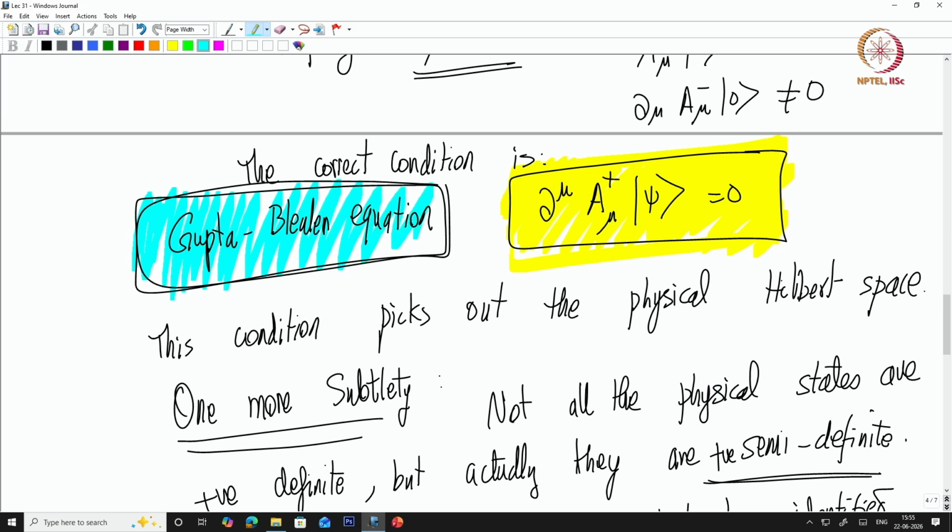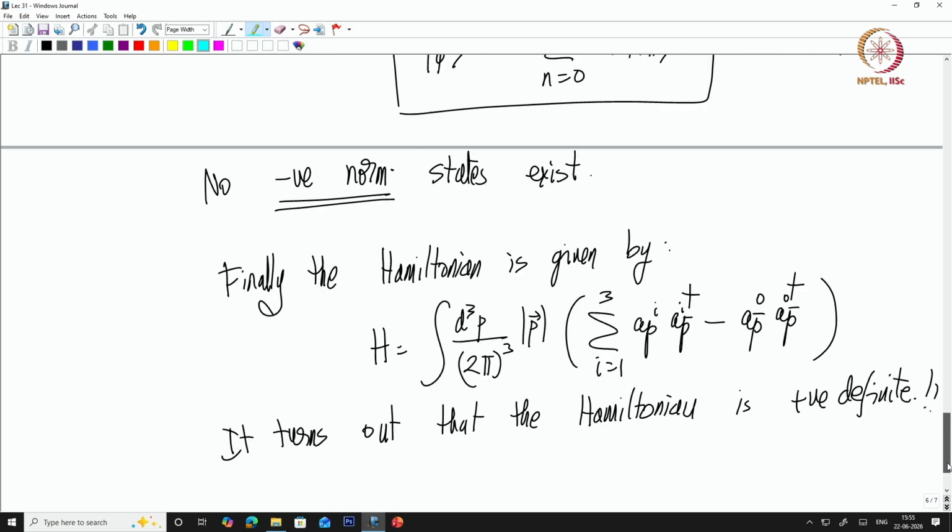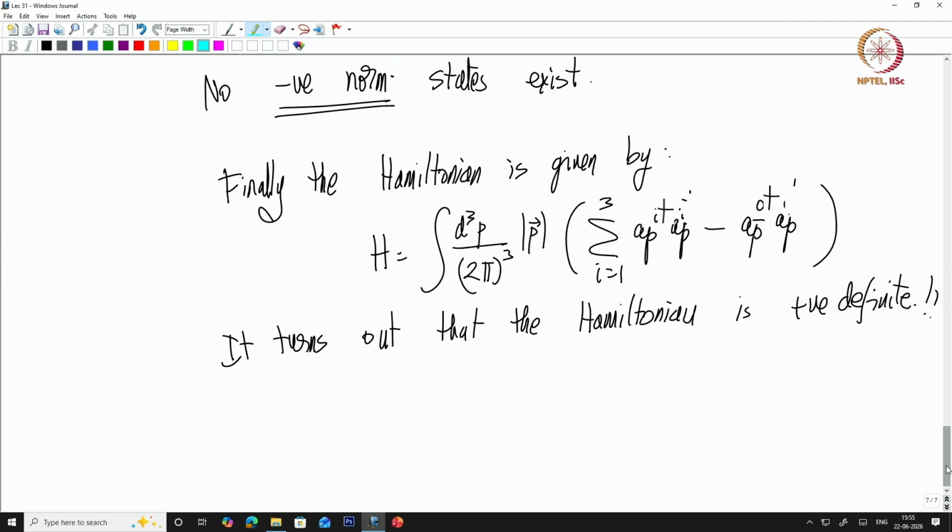Let me put some color to this essentially. So, what does it do? The Gupta-Bleuler relation says that the annihilation operator on each state should be equivalent to the a_0 operator acting on the state. The space-like and time-like contributions should be equal to 0, so they will cancel off.